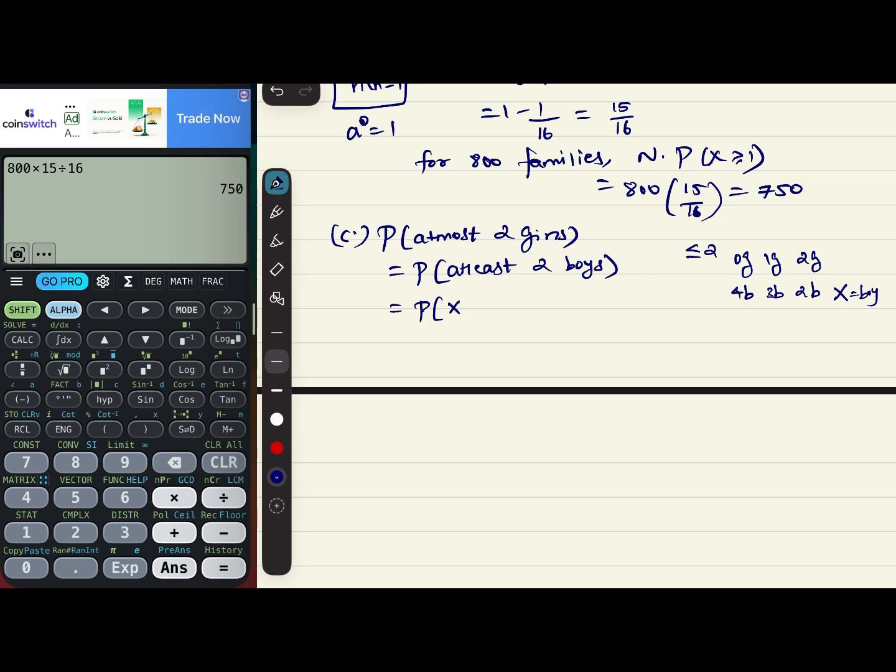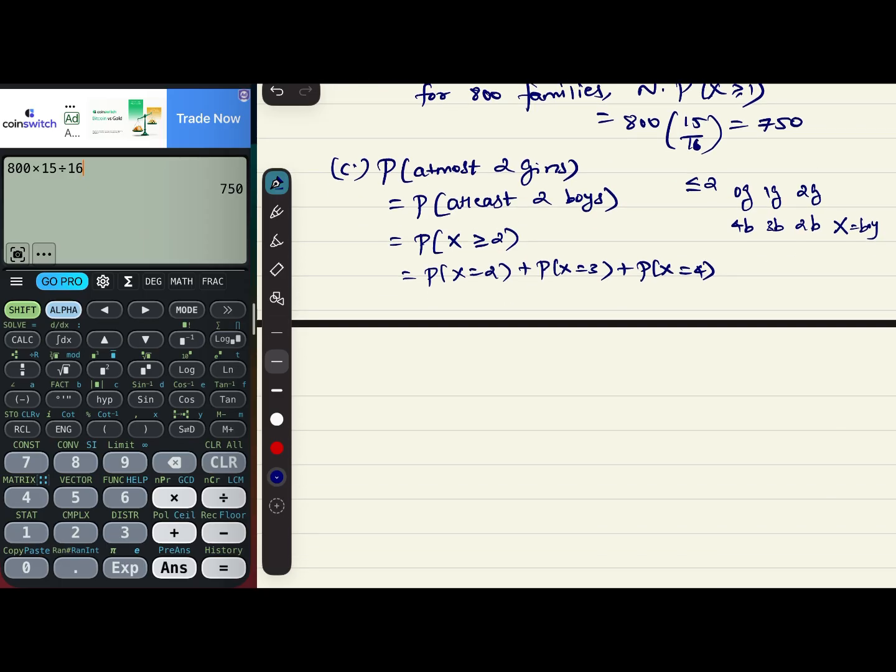So at least two boys means minimum two boys or more than two boys. That means probability of x equal to 2 or probability of x equal to 3 or probability of x equal to 4. So I have just not written or here, just wrote in terms of plus. So that will give you some clear idea.